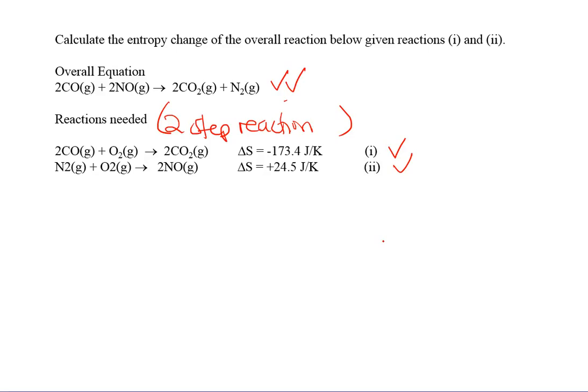These two steps are going to add up to give us this reaction. Now, the question is, calculate the entropy change of the overall reaction using reactions 1 and 2. How do we do this calculation?